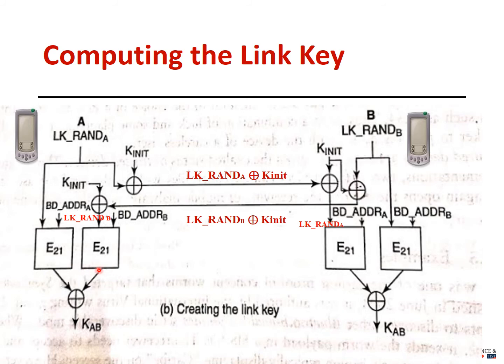Then the next step is the computation of the link key by doing an identical operation. The same key is produced on A's side and B's side.